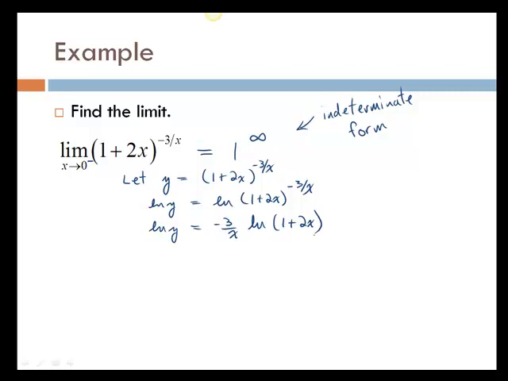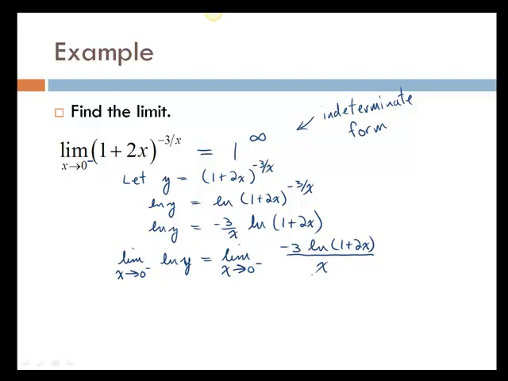Okay. So now back to the limit part of it. Now instead of taking the limit of that expression, we're going to take the limit of these expressions. So we're going to take the limit as x goes to 0 from the left of the natural log of y equals the limit as x approaches 0 from the left of, and I'm going to rewrite this a little bit, negative 3 natural log of 1 plus 2x all over x.